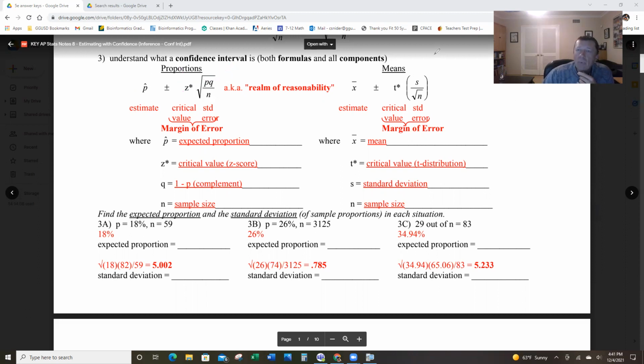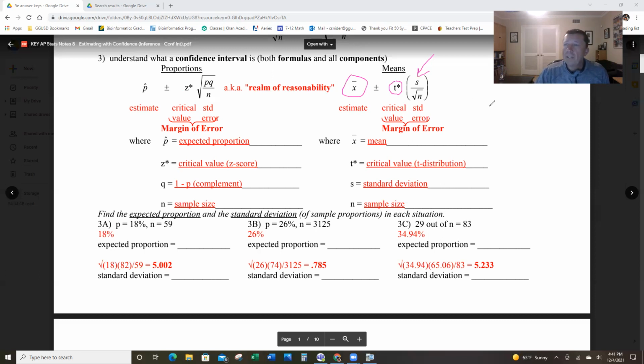If you have a mean, we have a different standard deviation. But again, x bar is going to be our estimate. Okay, t star is going to be the same thing as z star. So again, if you want to be 95% confident, this t star number will be about 2, because 2 standard deviations away from the estimate should cover 95% of the possibilities.